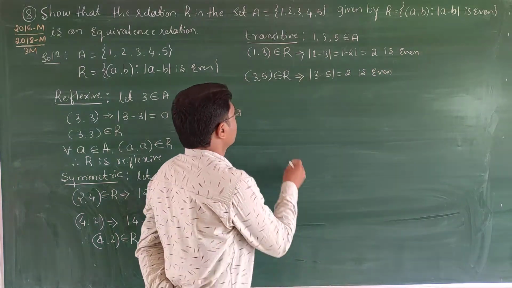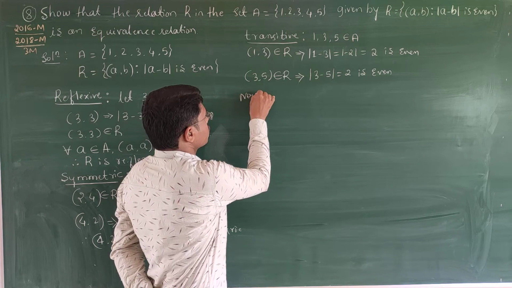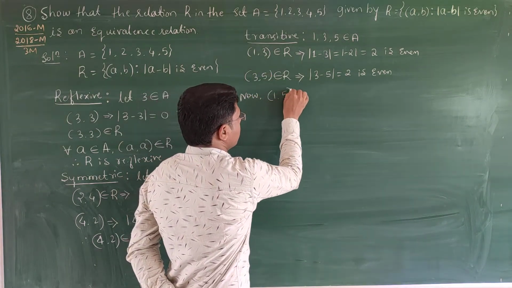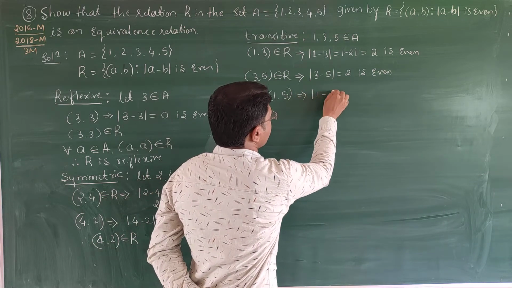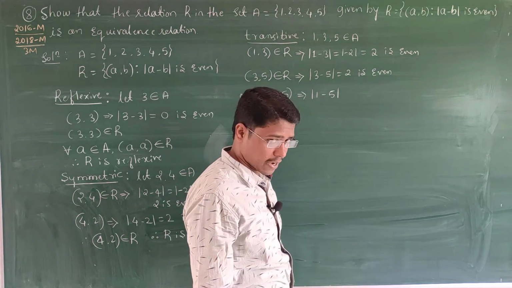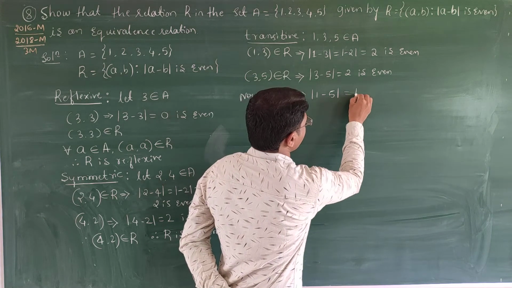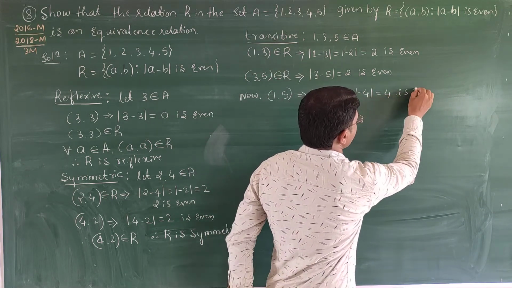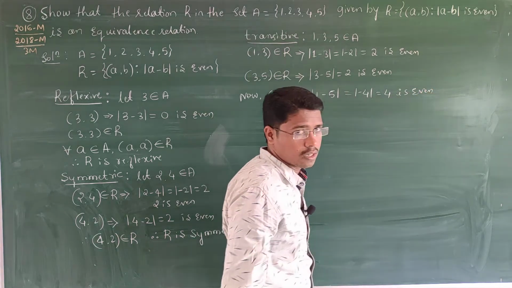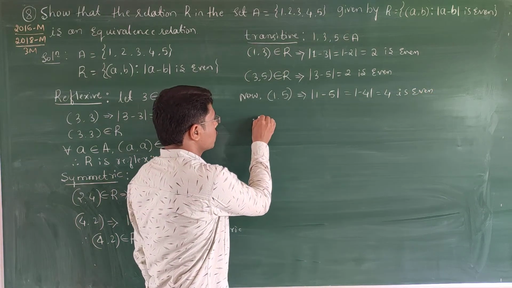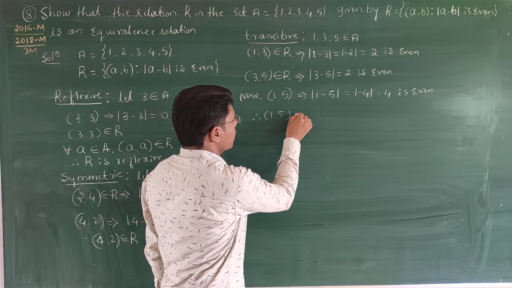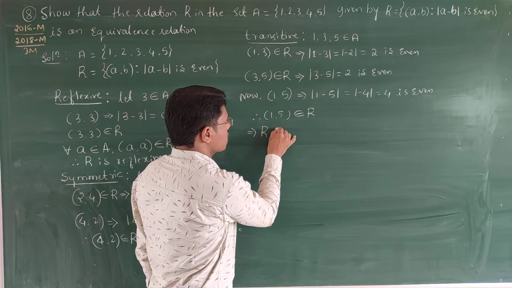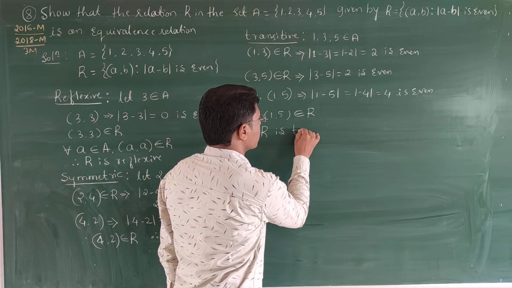So now we have to check for (a, c), that is (1, 5). (1, 5) implies |1 − 5| is equal to |−4|, equal to 4, which is an even number. Therefore (1, 5) belongs to R. So this implies R is a transitive relation.